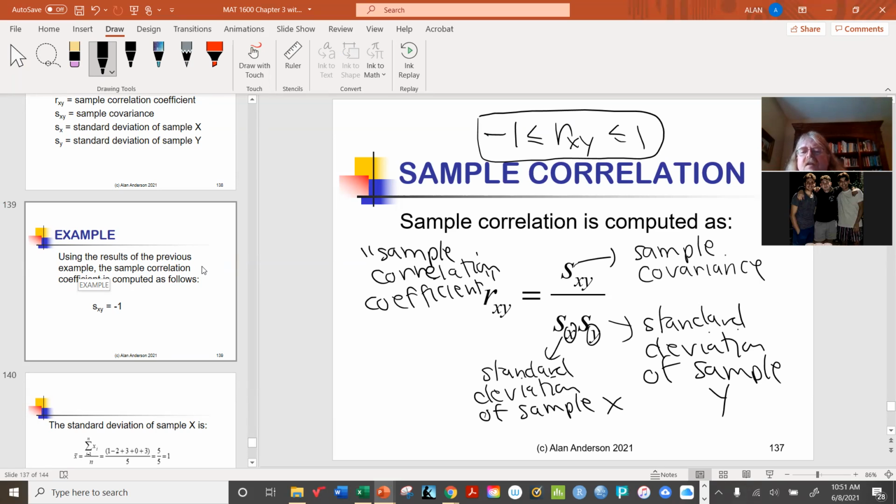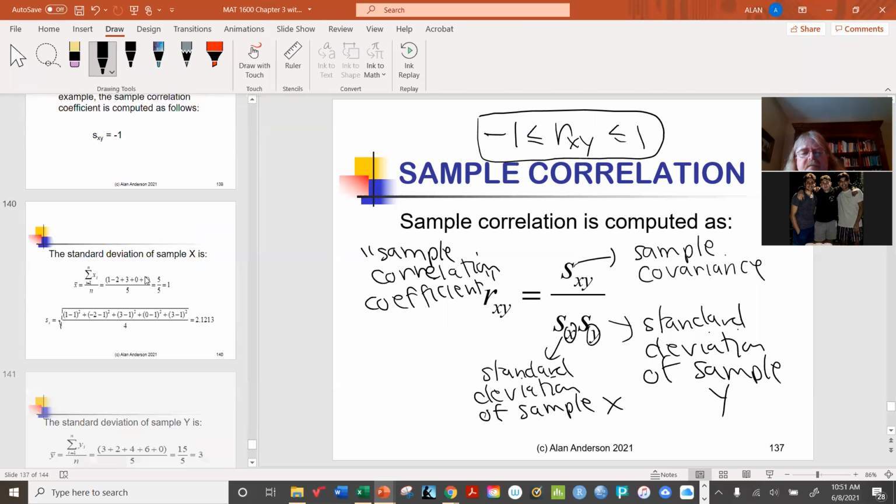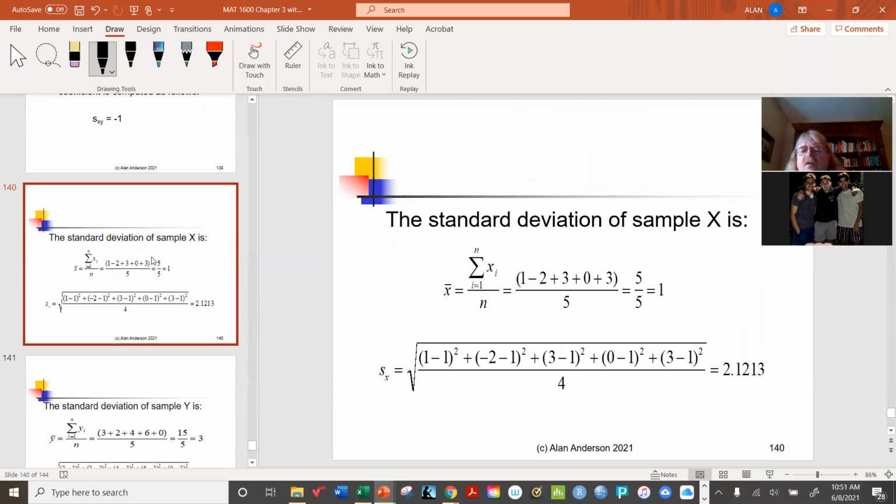So we have to, unfortunately, go through two more steps. We have to calculate both the sample standard deviation for X and for Y, like we did yesterday. So I've already gone through all the steps for you here. You'll recognize this from yesterday. What are we actually doing here?